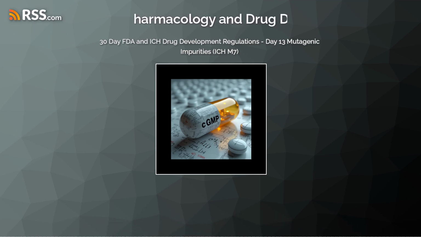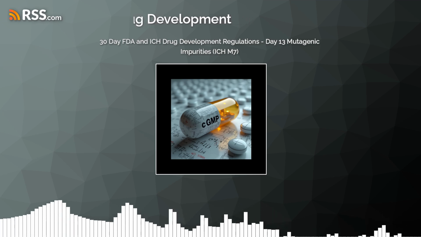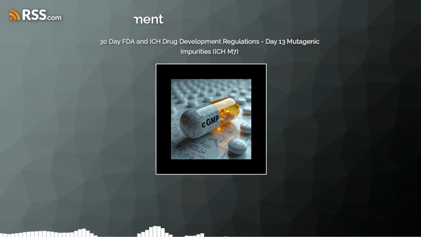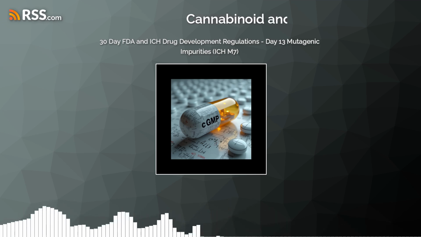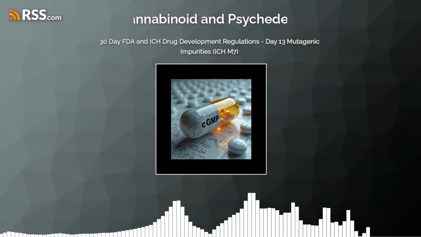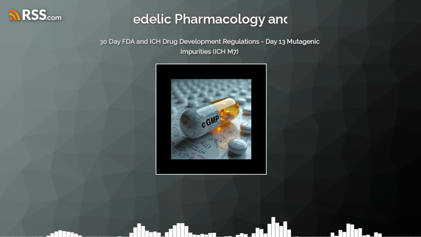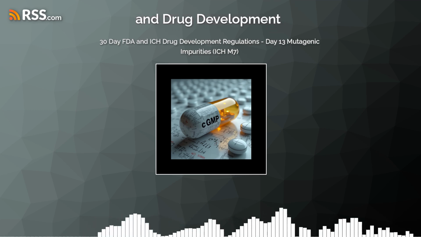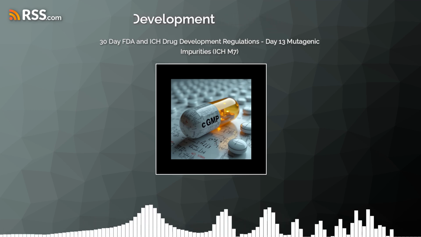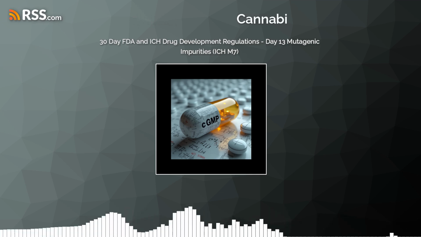GMPs. I've heard that term before, but can you break it down for me a little bit? How do they actually relate to ICH M7 and the control of mutagenic impurities? Well, think of GMPs as the overarching framework for quality control in pharmaceutical manufacturing. They cover everything from facility design and equipment maintenance to personnel training and documentation procedures.